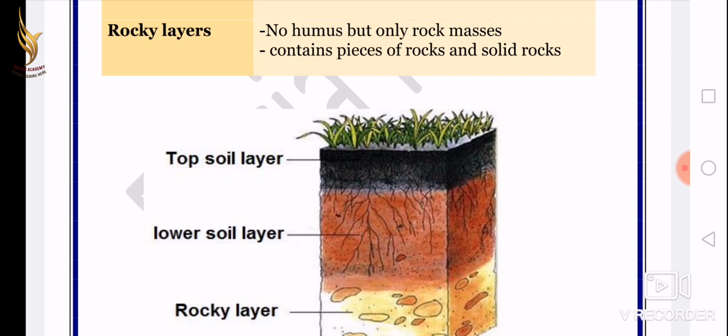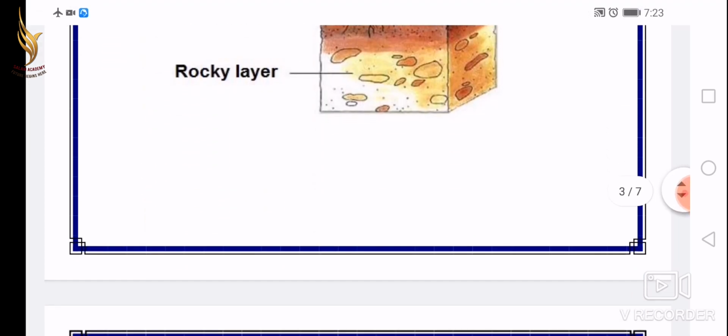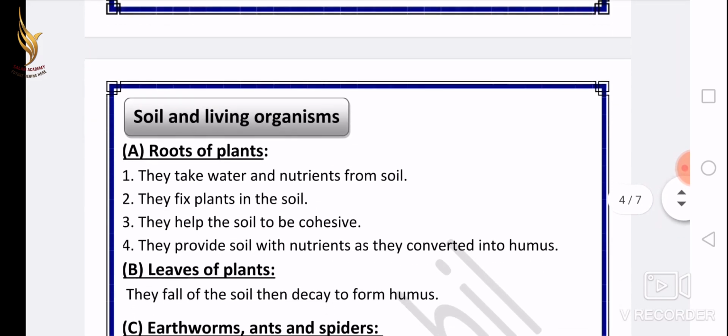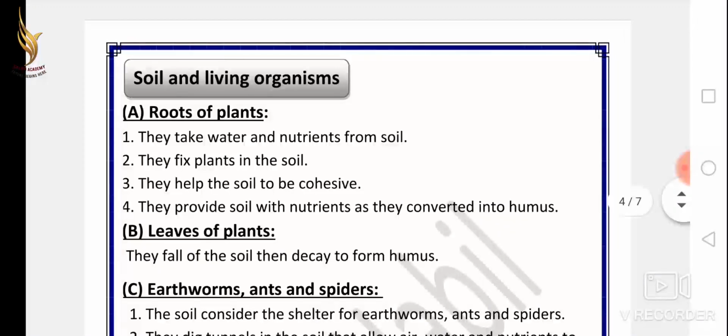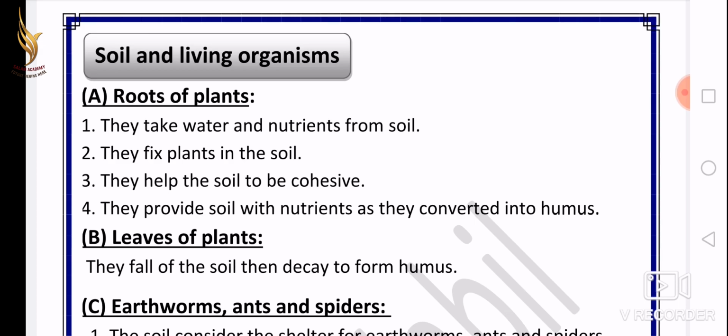Okay? And finally, we talk about soil and the living organisms. All living organisms need the soil, so soil is very important to living organisms, and also living organisms are very important to the soil.